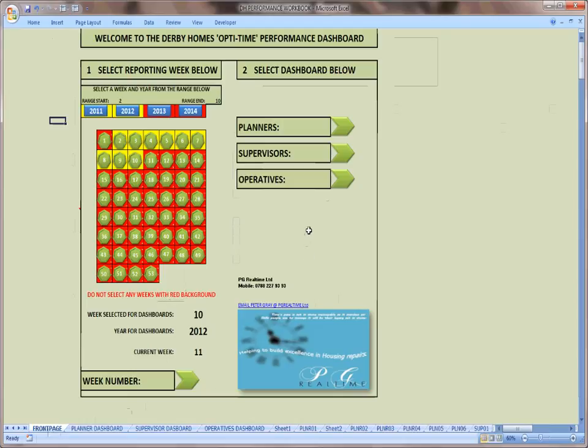This whole workbook is a part of the performance management training that we offer, and so at the end of the day this is showing trends, and we're working on trends, but trends do tend to show a general picture for how performance is generally.